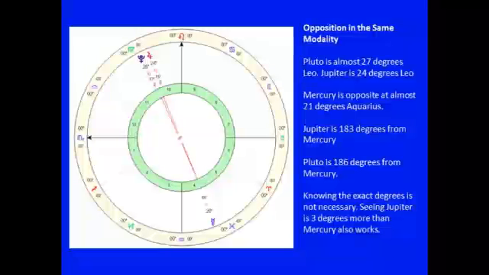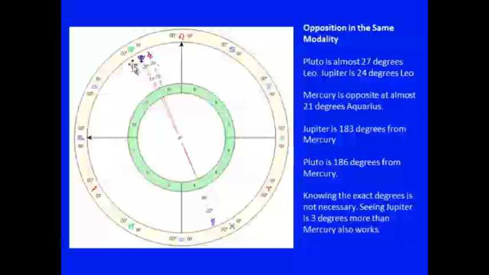Okay, so then we're going to look at oppositions in the same modality. We have Jupiter and Pluto here in Leo. We've seen this one already, opposite Mercury in Aquarius. And it's a pretty close opposition. If we look at Mercury, we just say it's 21 degrees, just round it up. It's so close to 21. And Jupiter's at 24, so that's like a 3-degree difference.